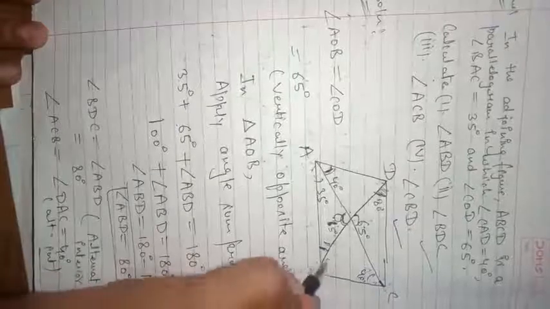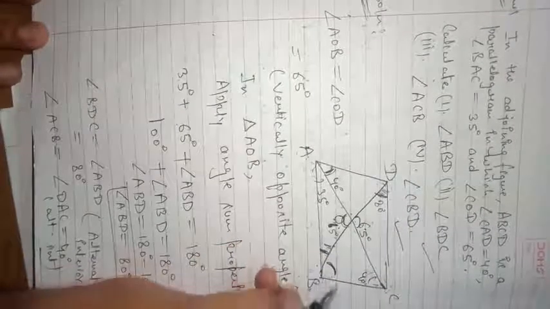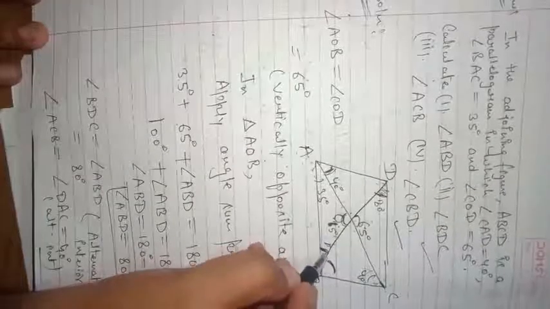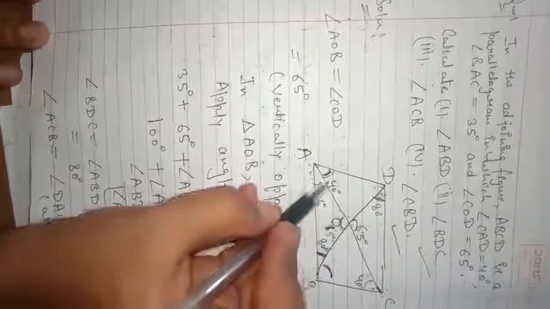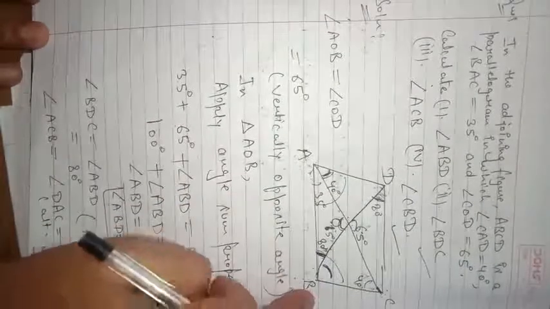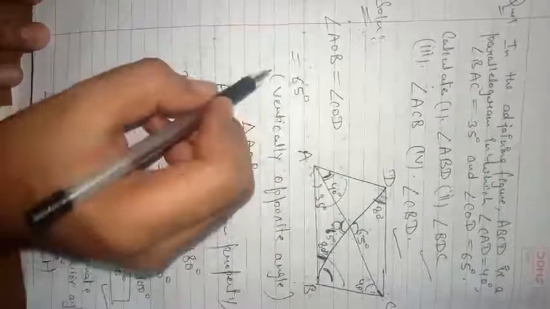CBD, this angle. So students, this angle we can calculate easily. How can we calculate this? I will tell you a trick. This angle we already have calculated. This was 80 degree. Now this pair, angle A and angle B, total are which kind of angle? Angle A and angle B are supplementary angles.